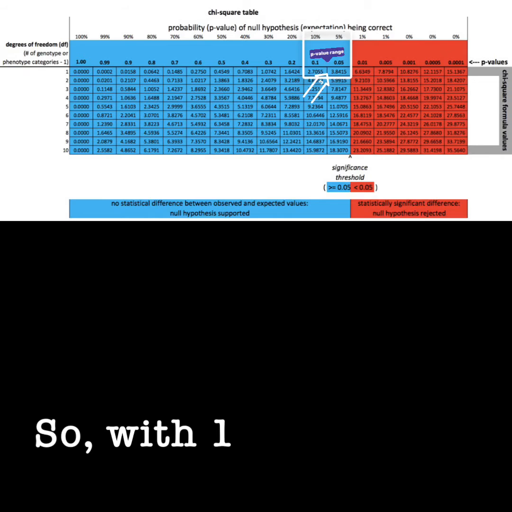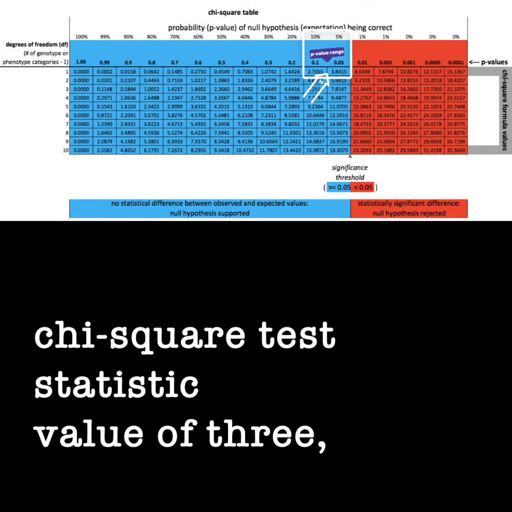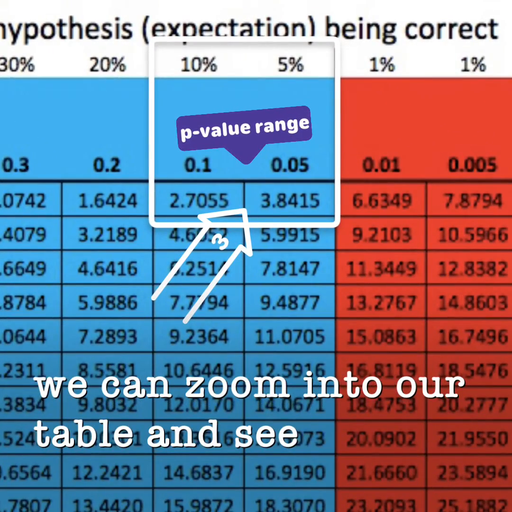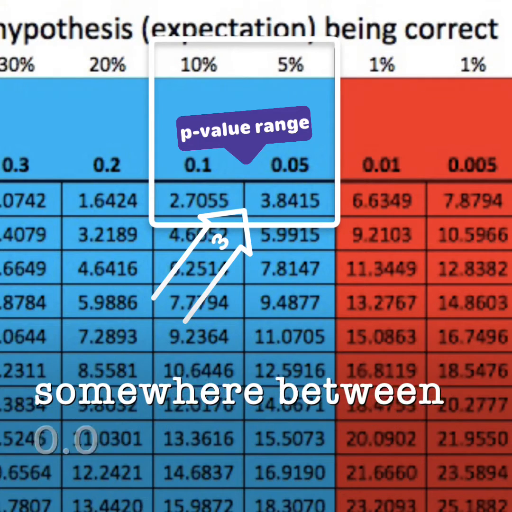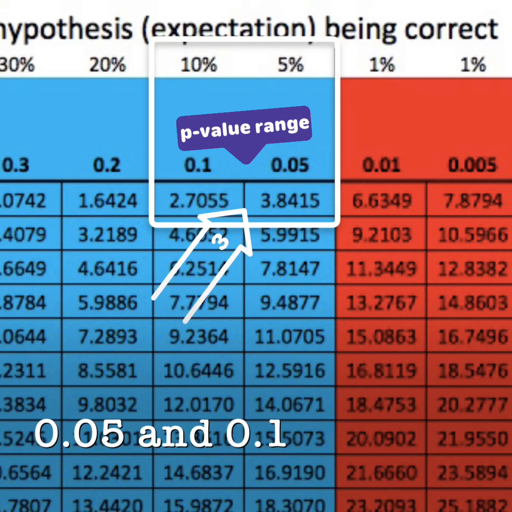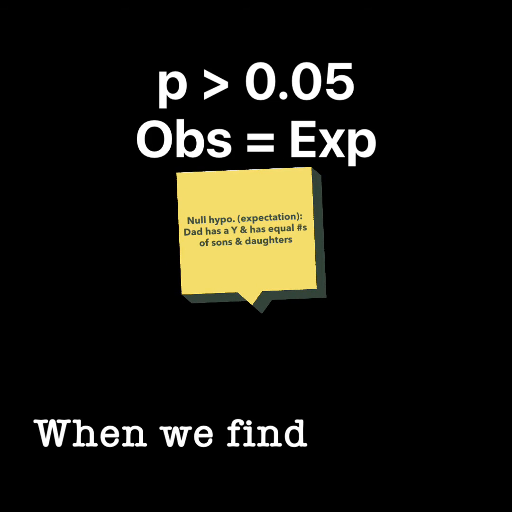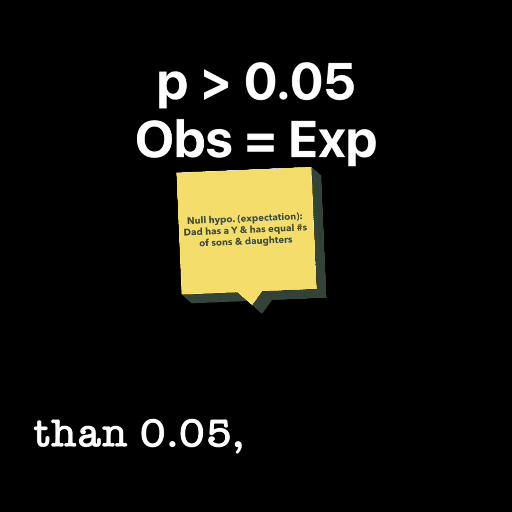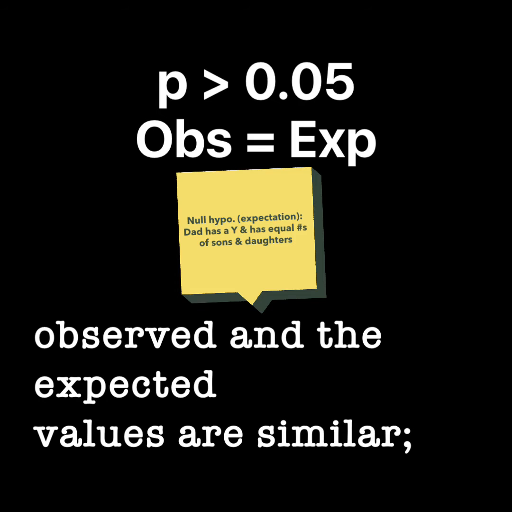So, with 1 degree of freedom and a chi-square test statistic value of 3, we can zoom into our table and see that this p-value lies somewhere between 0.05 and 0.1. When we find a p-value is greater than 0.05, that indicates that the observed and the expected values are similar.